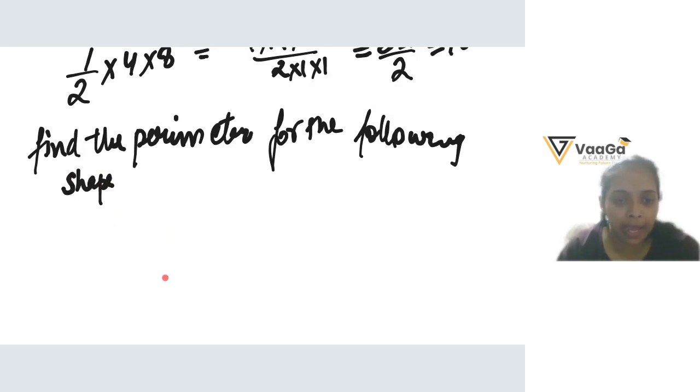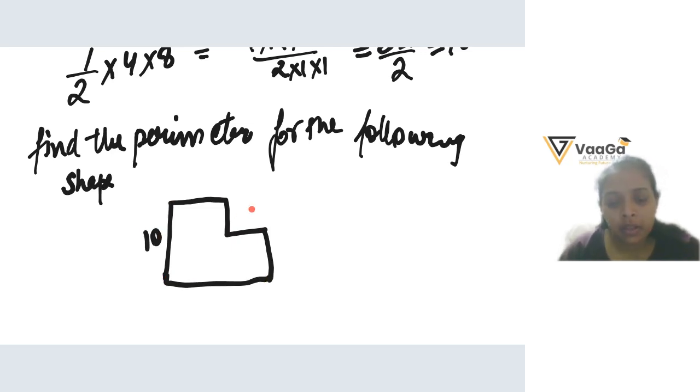Let's say this is the shape I have. This is 10. This is 5.